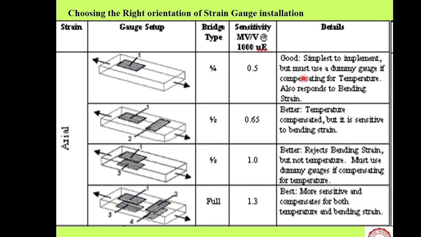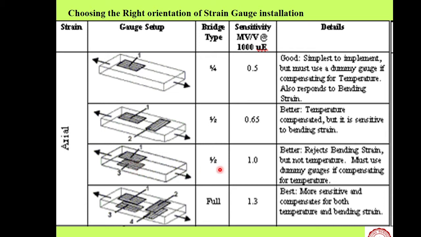Is this clear? And the maximum value we can get is 1.3, where Poisson's ratio is considered as 0.3. Okay, so you understand? This is what we will get. This is quarter bridge, and here with 2 gauges, half bridge, there are 2 possibilities.